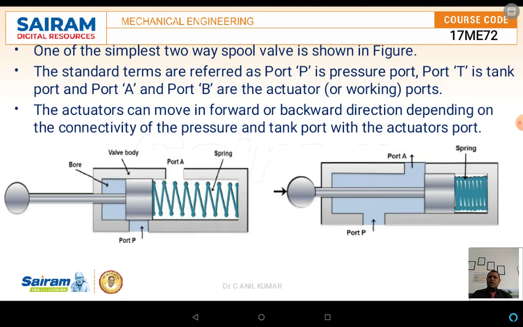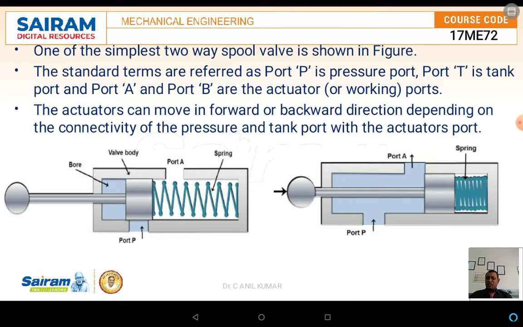The actuator can be moved in the forward or backward direction depending upon the convenience, and also the pressure and the tank port with the actuator ports. Now the schematic diagram shows the valve body.